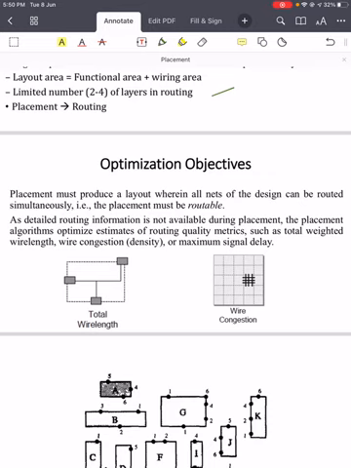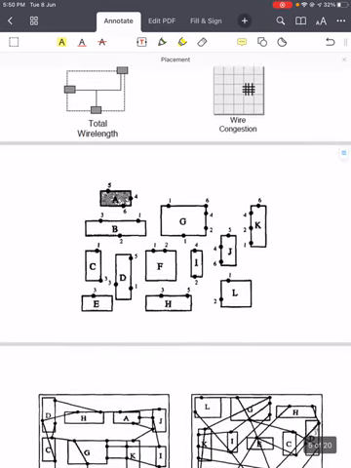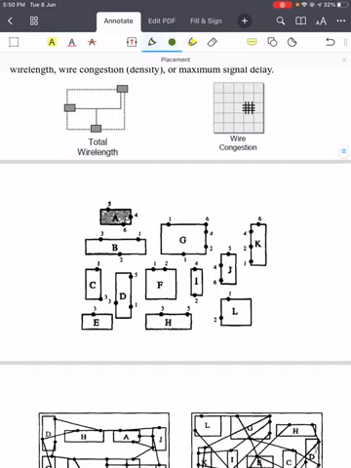Okay, and now here is an example of the placement problem. After the floor planning step and the pin assignment step, we have the blocks with fixed shapes. Here all the blocks are like A, B, C, D, and we have almost 10 blocks, right?